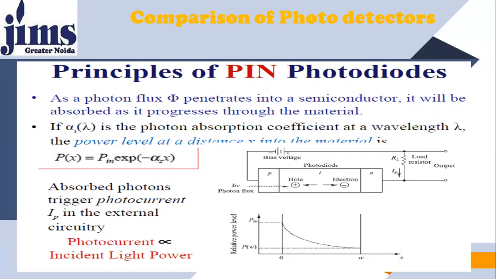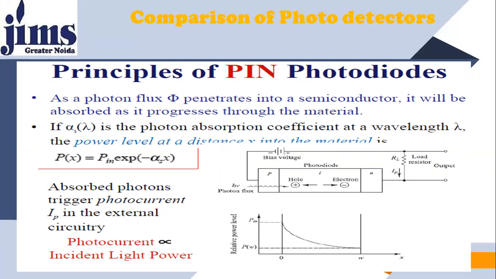And we use photodiodes in a reverse bias condition, because we want a current due to photons, not because of the external voltage. So we always give the reverse bias to this PIN photodiode.